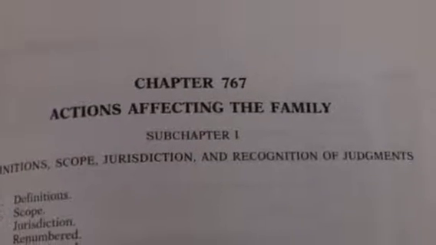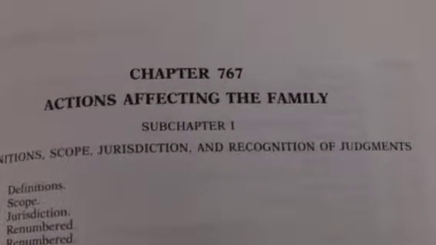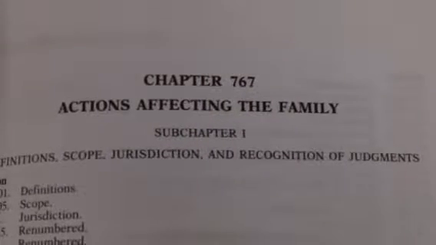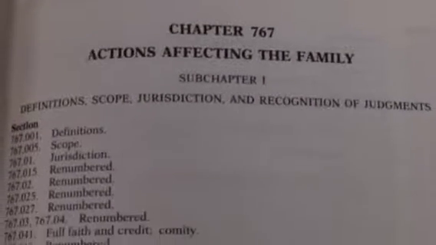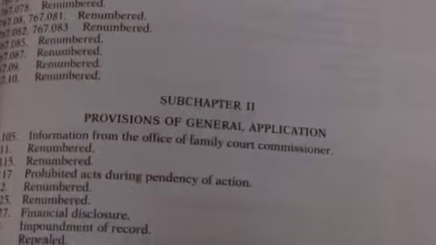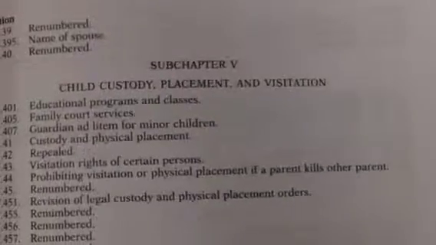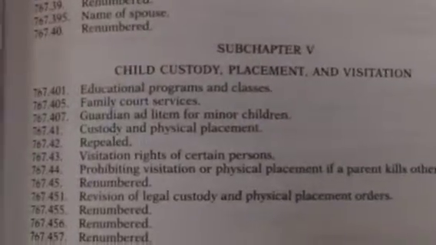Sometimes when you can't find exactly what you want, you go back to the beginning of the chapter and you see chapter 767 is about actions affecting the family. And then you can look at the different subsections, and here's general application. See that there is a whole subchapter on child custody, placement, and visitation.